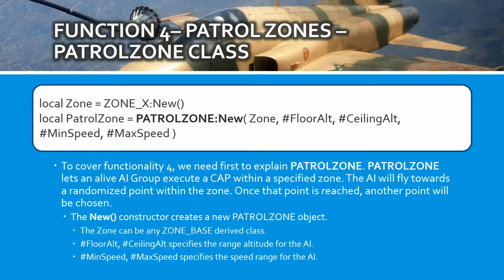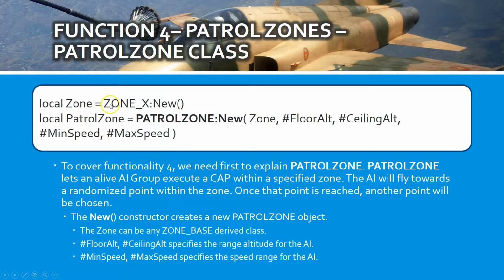A new constructor creates that patrol zone, and you see quite a lot of parameters here, but it has a logic. The first thing you need to do is create a zone object, and the zone object is any zone class that is derived from the zone base class.